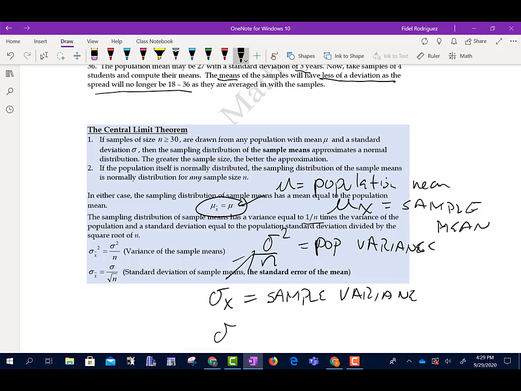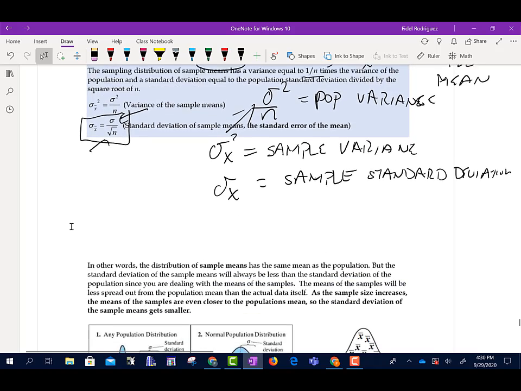And squared, right? And then this one is going to give me my sample deviation. Okay. Notice what we're doing. We're taking the population standard deviation and dividing it by the square root of n, okay?